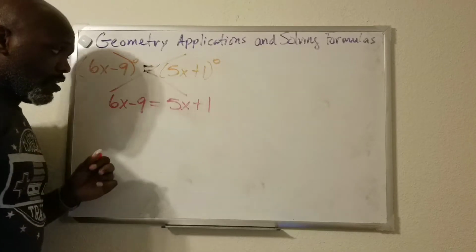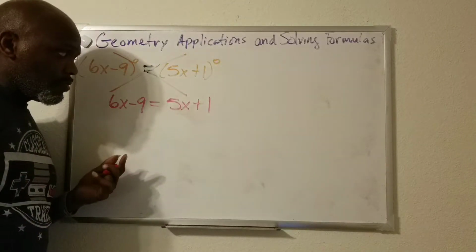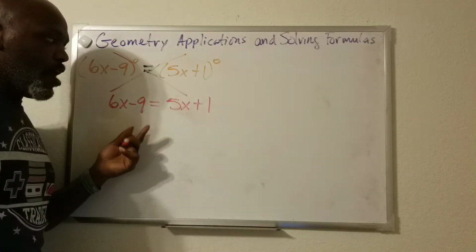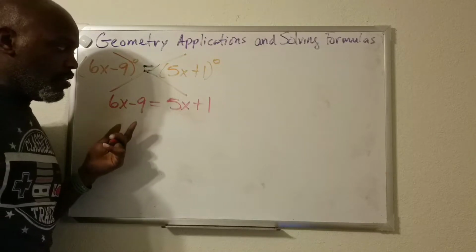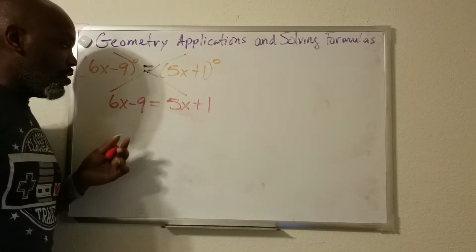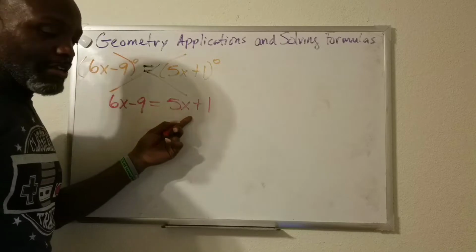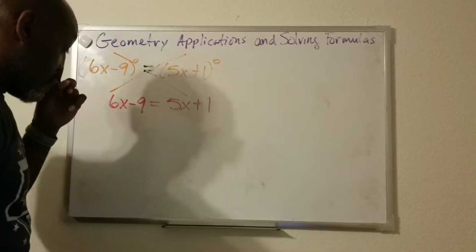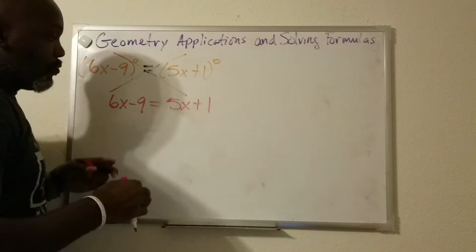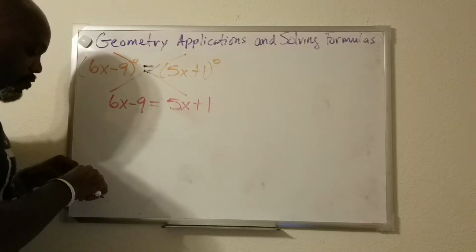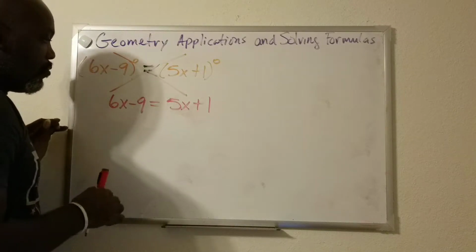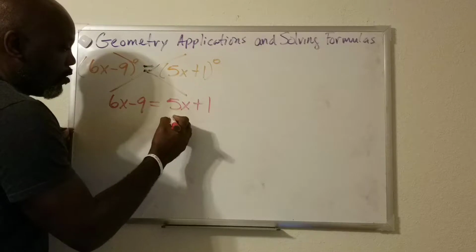And if you have a graphing calculator, all you have to do is type in y equals, sorry, and then this will be y1, this will be y2, and there's some steps that you can go through to find out what x is without doing the handwritten work. But we're going to do the handwritten work here on the board.